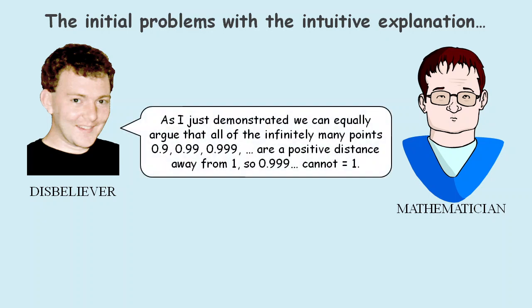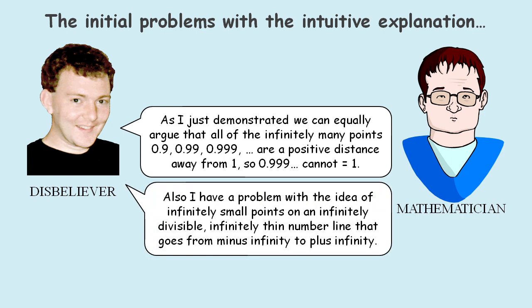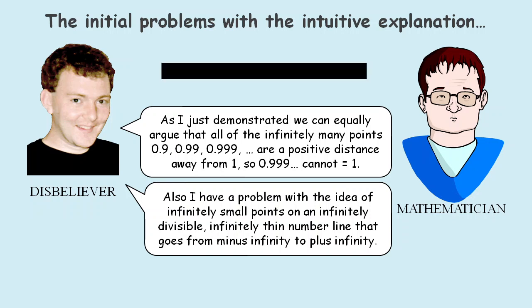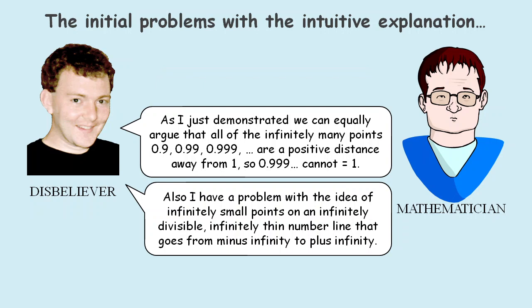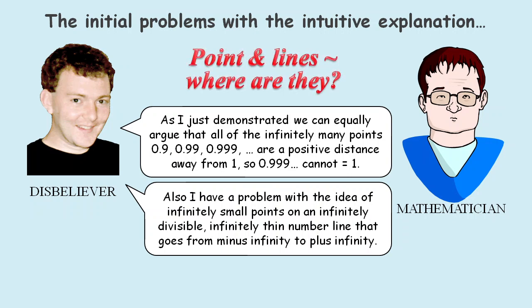The ignored contradiction is just one of the problems with the mainstream's intuitive explanation. Another problem is that it involves infinitely small points on an infinitely divisible, infinitely thin number line that goes from minus infinity to plus infinity. We can imagine a thick line, but when we try to imagine an infinitely thin line, it completely disappears. Nobody can truly imagine infinitely small points and infinitely thin lines.